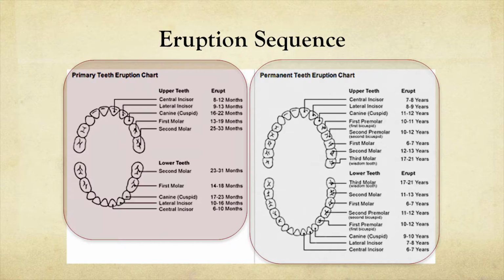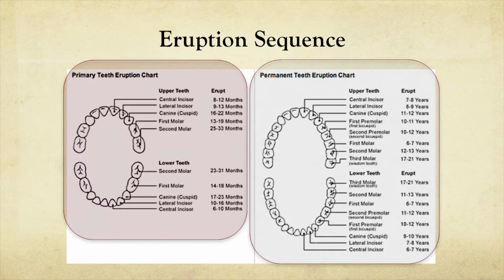Your primary dentition will be there until about 6 years, and that's when your permanent teeth start to come. So it's always good to know the eruption sequence of your permanent teeth as well. That's the slide to your far right, where you would see the eruption sequence of your permanent teeth. Again, your first molars are the first ones to erupt in the permanent dentition, and obviously the third molars are the last ones to erupt, and the slide represents the age for each of them.